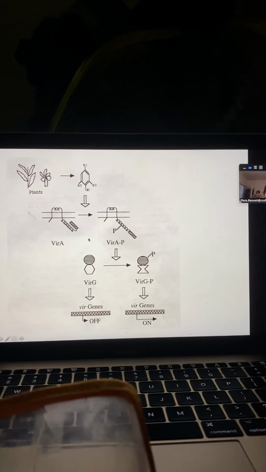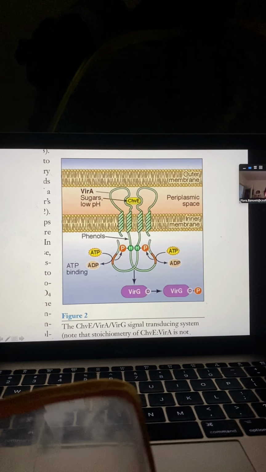Okay, so here is showing the VRA, which is actually a dimer. So you have two polypeptides of VRA sticking out of the membrane. Here is the sensor domain that is involved in the perception of the sugars and the phenolics, and the kinase domain is going to be here in the C terminus.